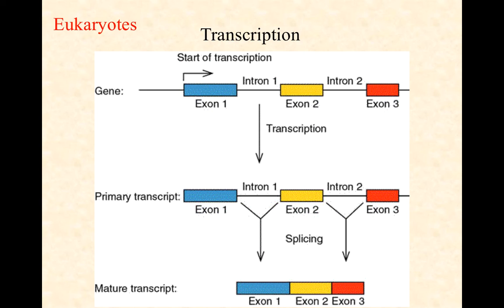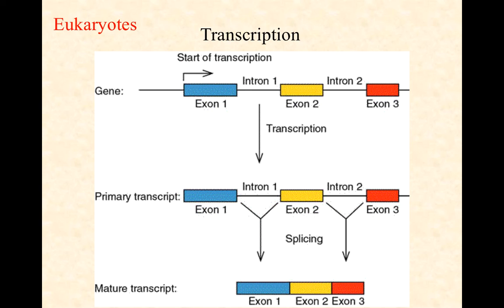But before that can be translated, the introns have to be snipped and cut out very, very precisely, and the exons have to precisely be covalently bound back together. So you see the mature transcript in a eukaryote down at the bottom, represented by the blue, yellow, and red boxes.